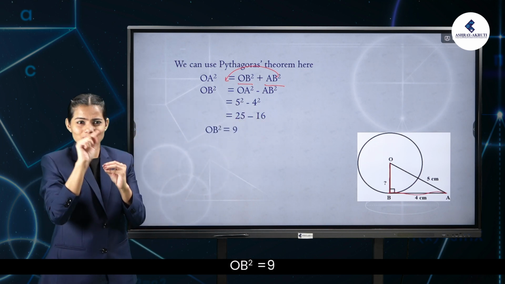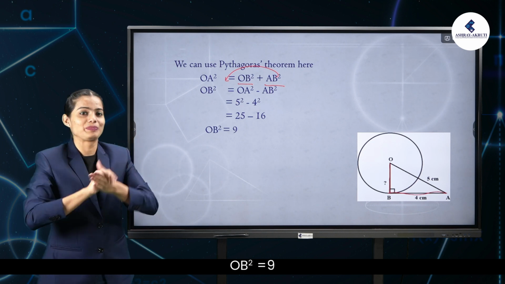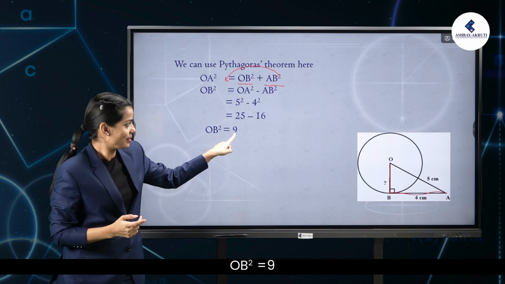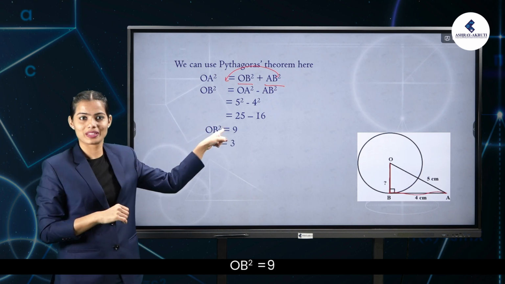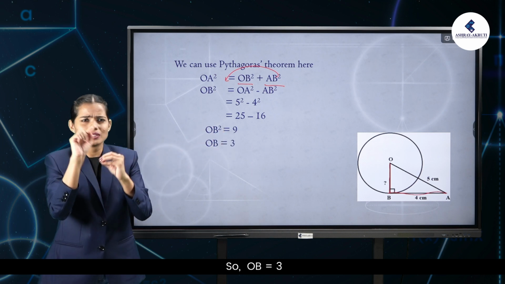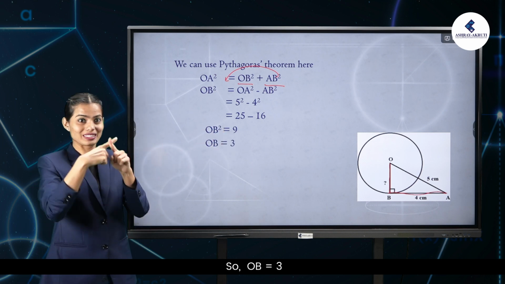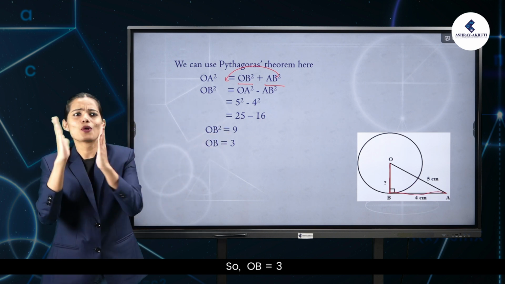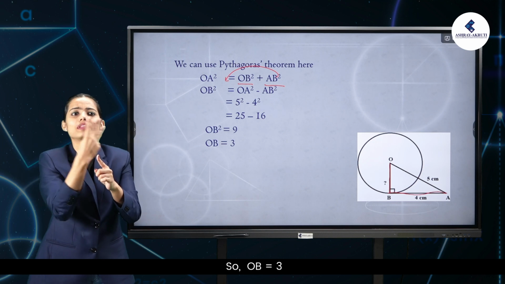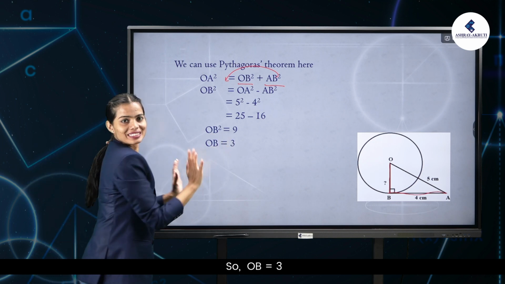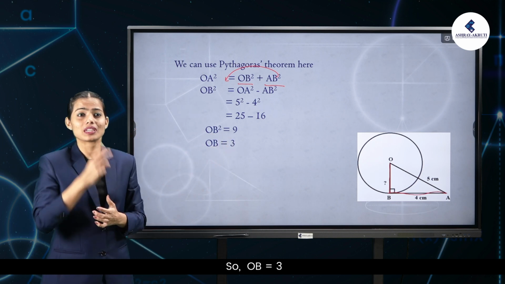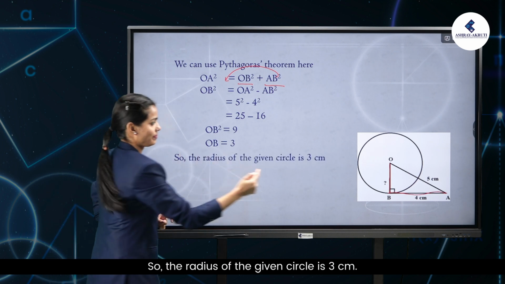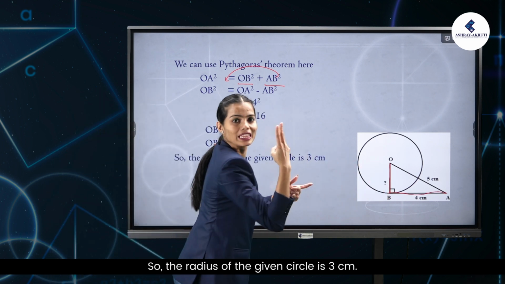OB square is equal to 9. OB is equal to 3. So, the radius of the given circle is 3 cm.